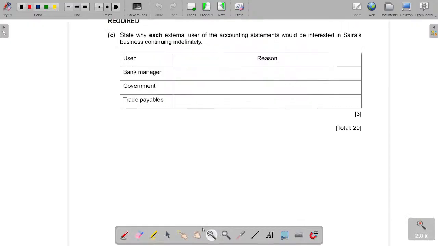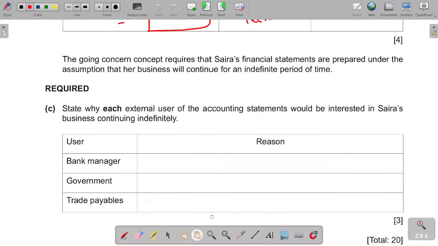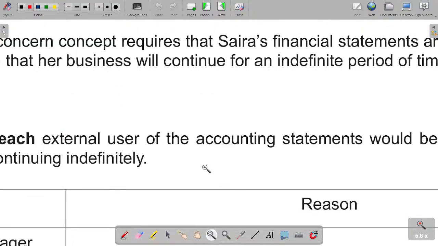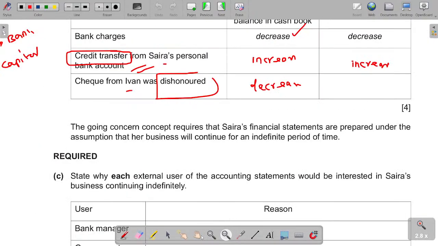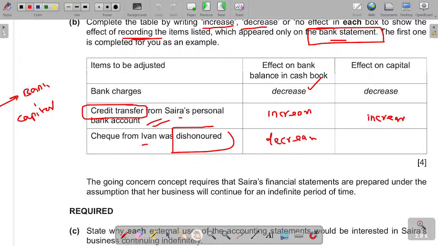No effect. So the last case is no effect. Whenever there is an impact on the capital account, either an increase or a decrease will be incorporated, otherwise it will not. Clear?